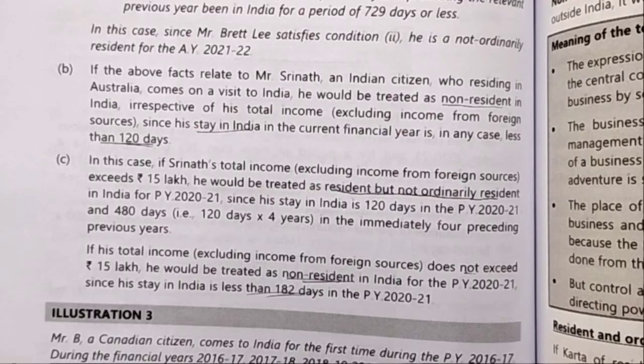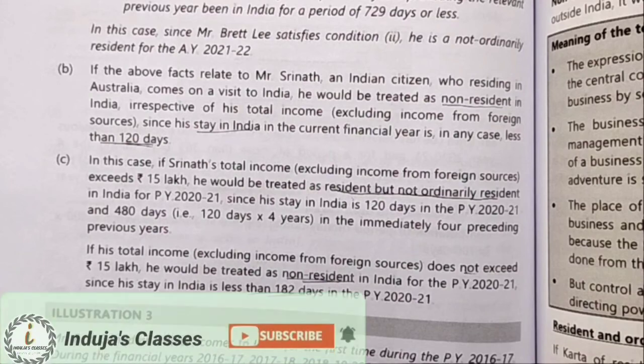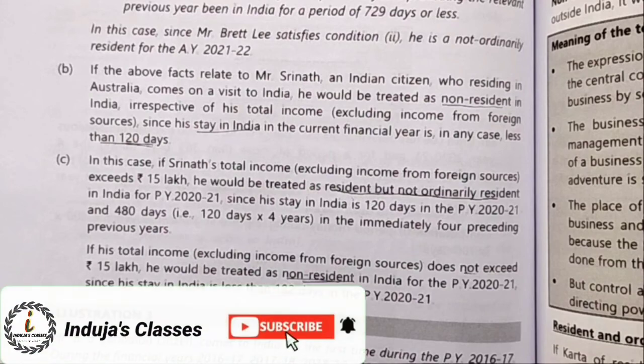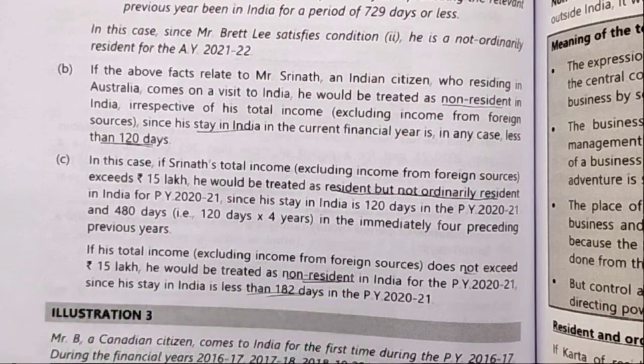So we have to write both these answers: if his total income exceeds rupees 15 lakh, and what happens if his total income does not exceed rupees 15 lakh. In the second question, there is no need to write that, because in both cases, whether his income exceeds rupees 15 lakh or does not exceed rupees 15 lakh, Srinath is a non-resident.